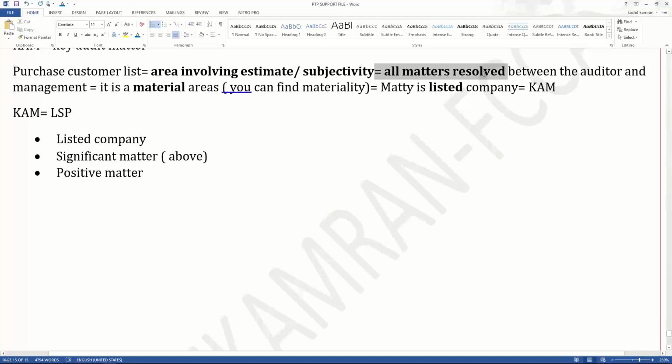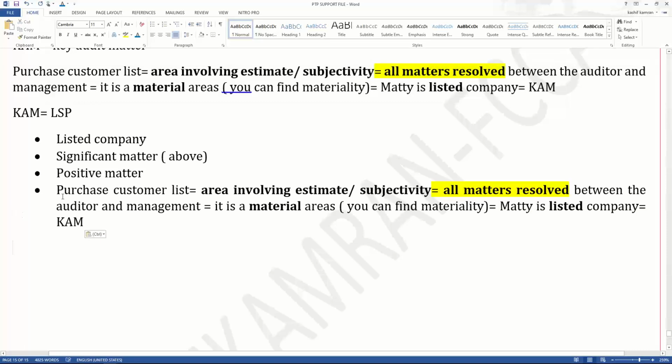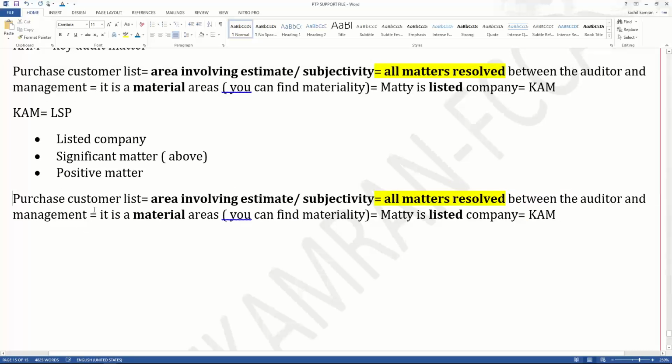All matters are resolved. What if there would have been a disagreement between the management and the auditor on the purchase customer list? Would you have included a CAM then? Tell me this. Copy this formula from above and bring this formula down. Tell me who is a clever student. Purchase customer list is an area involving estimate and subjectivity. All matters resolved.